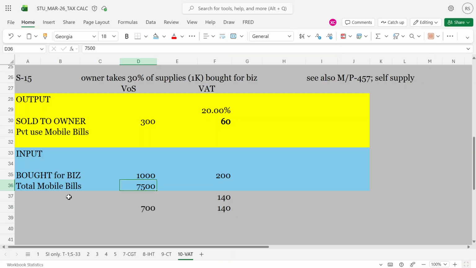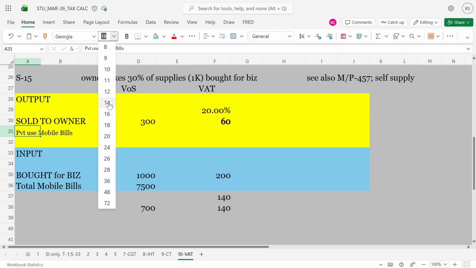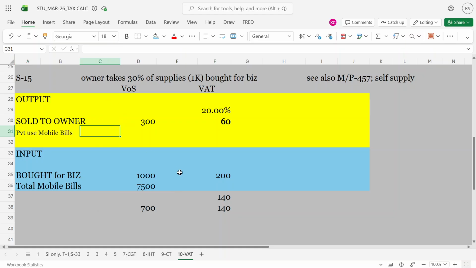Out of that, you are given some information that maybe 40% of this mobile bill is for private use. Now this cannot be allowed as an input tax credit. So what do you have to do? Let's say 40% is private use mobile bills. We can write the private use percentage as 0.4, okay?